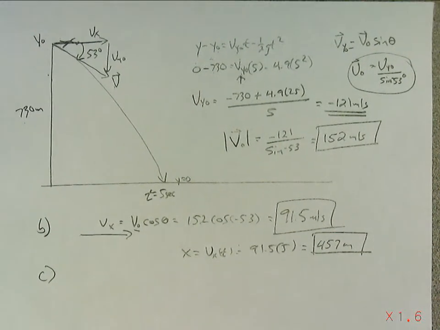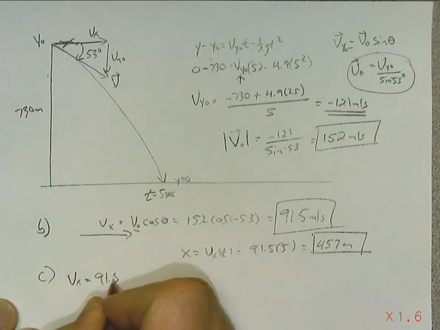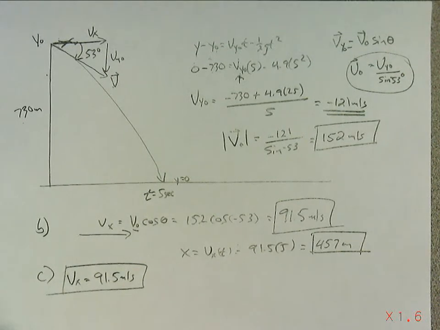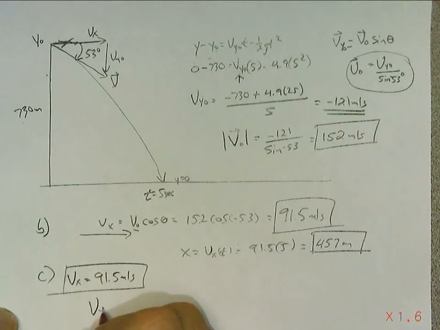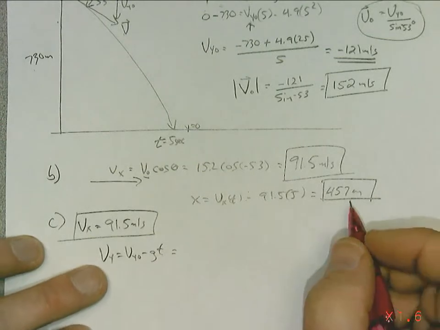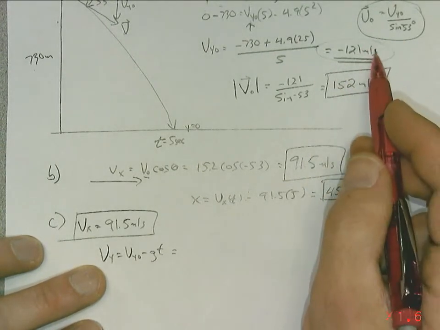And now C, what were the horizontal and vertical components? Well, Vx is equal to 91.5 meters per second because it stays constant. So what about Vy? Vy is equal to Vy0 minus gt. So that's Vy0. What do we have? We had this up here.